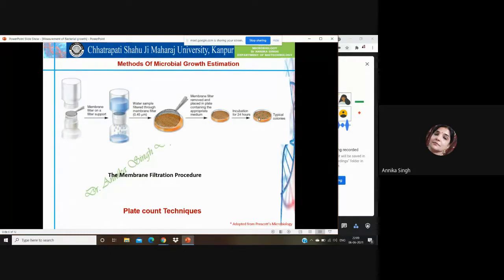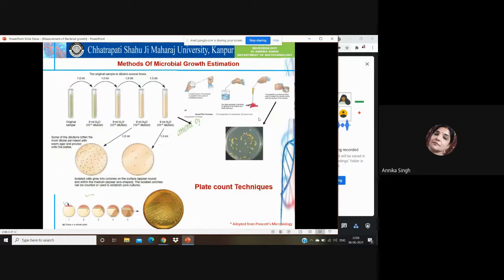So, for example, there is one example of how the plate counting method is used to determine the colony forming unit per ml.